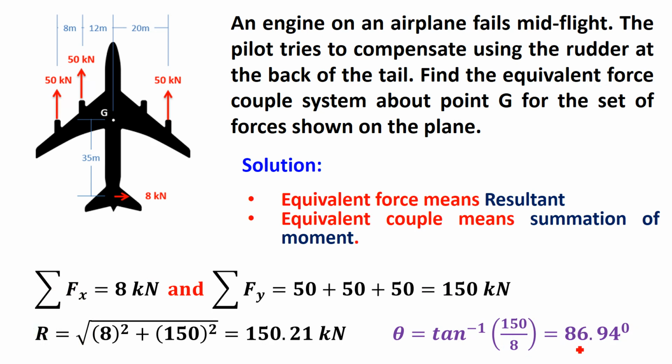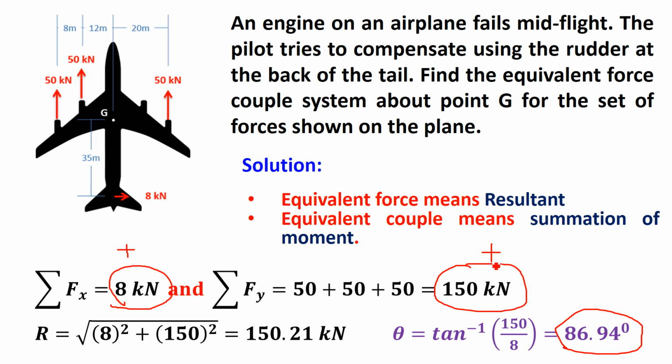That is the direction of the resultant. Since summation of Fx is positive and summation of Fy is also positive, the resultant is acting in the first quadrant. This is the resultant position and this angle is 86.94. So this is the equivalent force.